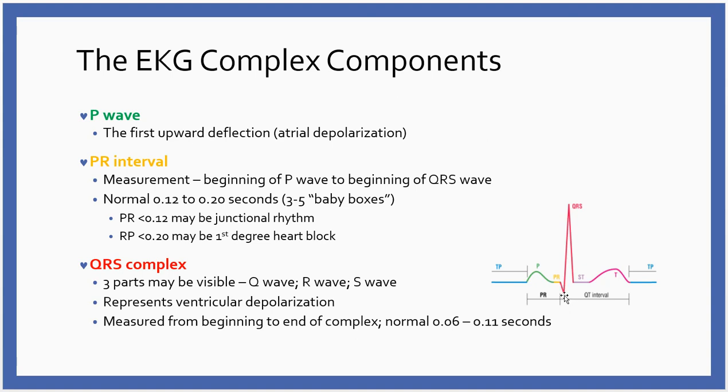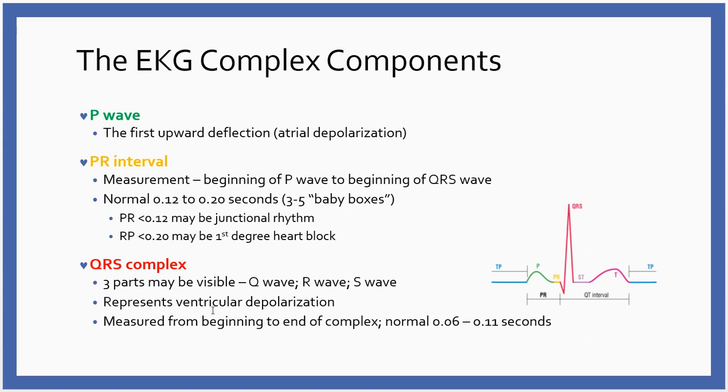So here's my Q wave, and then this upward stroke is the R wave, and then the downward stroke that follows that R wave is my S wave, okay? So Q wave, R wave, S wave, and so together this is my QRS. So the QRS represents ventricular depolarization, and it's big because the ventricle, especially the left ventricle, is a big muscle. And so that's why it looks so ginormous because of that.